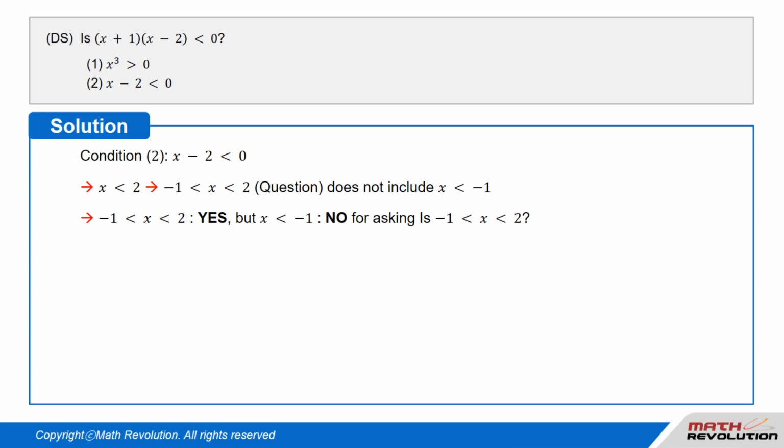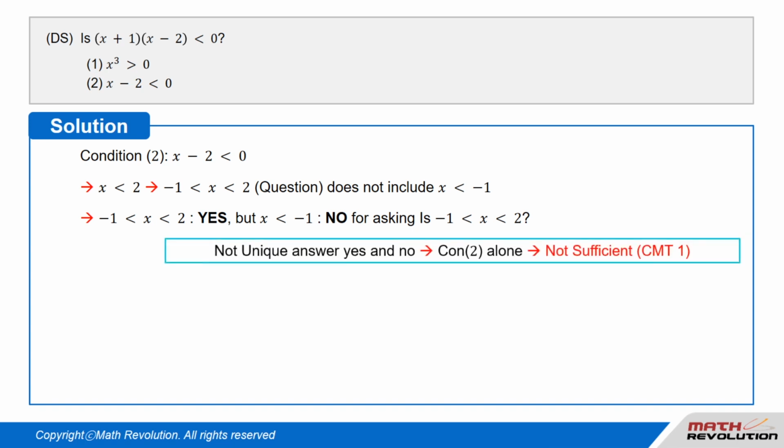But if x is smaller than -1, then we get no. So, we have a no and a yes as answers to the modified question. Thus, the condition is not sufficient by CMT1, which states that the answer will be a unique yes or no.